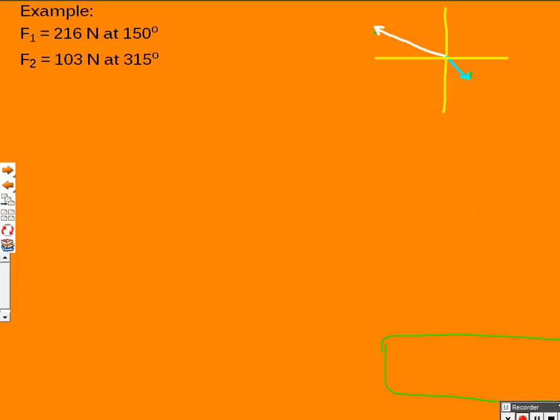We have an object that is being acted on by two different forces, one at 216 newtons at 150 degrees, and one that's 103 newtons at 315 degrees. So I've drawn this little force diagram right here, and if we want to look at where the resultant would be to begin with, again, if we go tail to tip method, it looks like my resultant should be somewhere in quadrant 2.